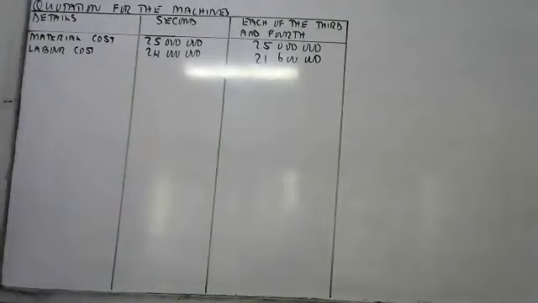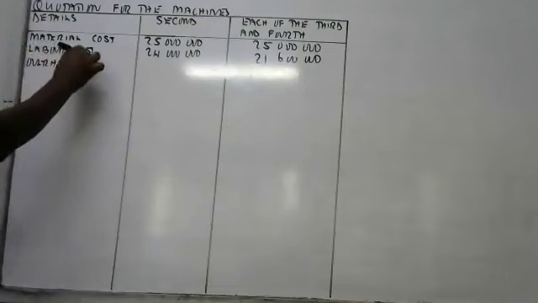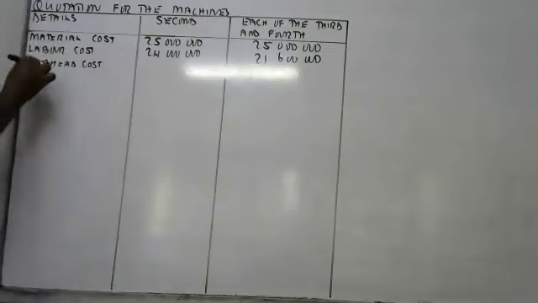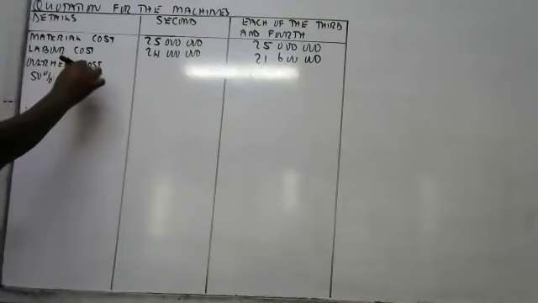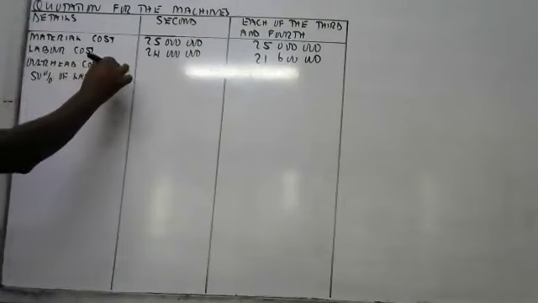Then we have the overhead costs. This overhead cost is 50% of labor costs.